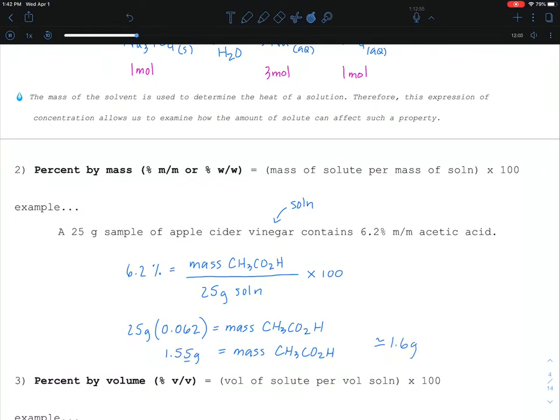So if you have 25 grams of apple cider vinegar and the concentration of acetic acid as a percent by mass is 6.2%, it means that in that 25 gram sample of apple cider vinegar, you have 1.6 grams of acetic acid. We can do the same thing with a percent by volume.